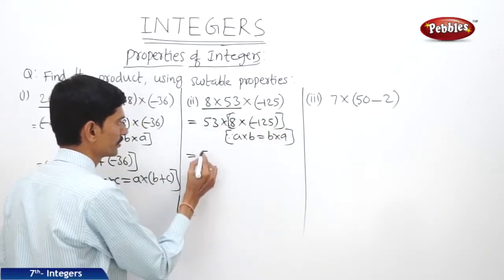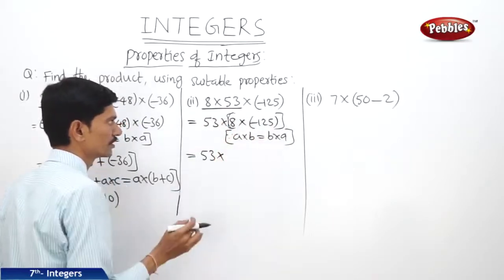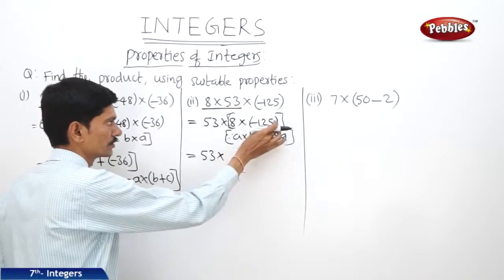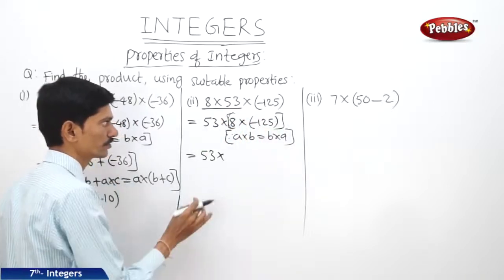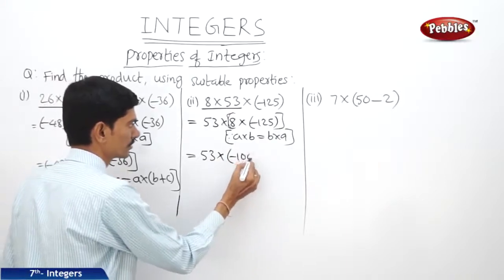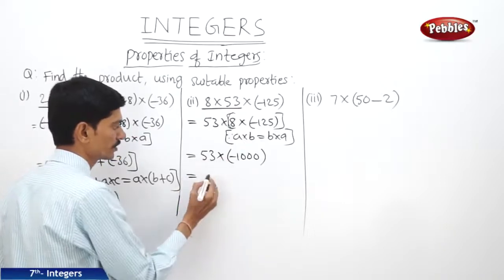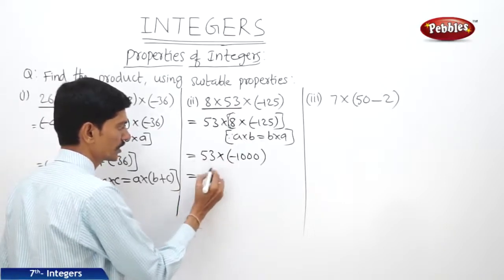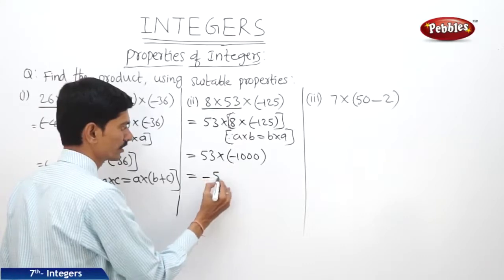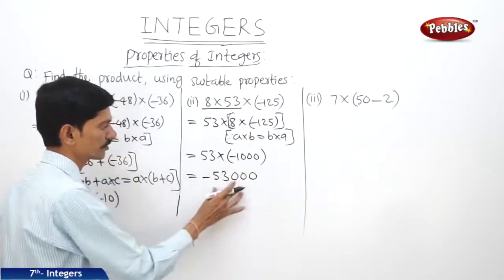So here 53 into (minus 125 into 8). So 125 2s are 250, 250 4s are 1000. So we can write minus 1000. Now this equals 53 into minus 1000, plus into minus is minus, and 53 ones are 53, so 53,000. So the product is minus 53,000.